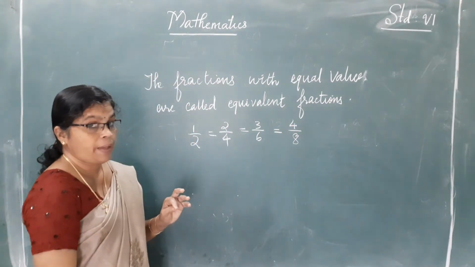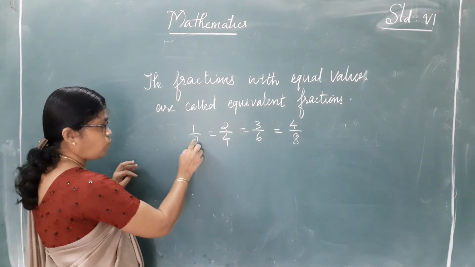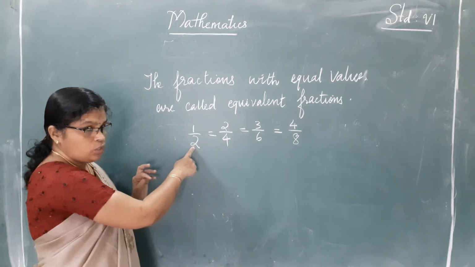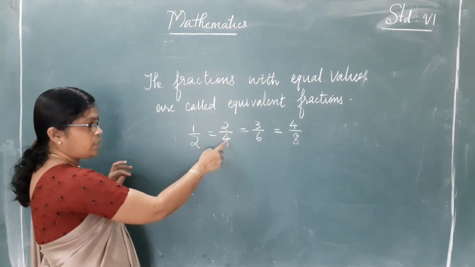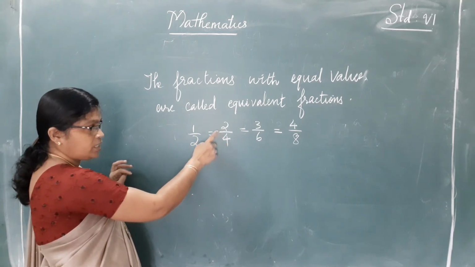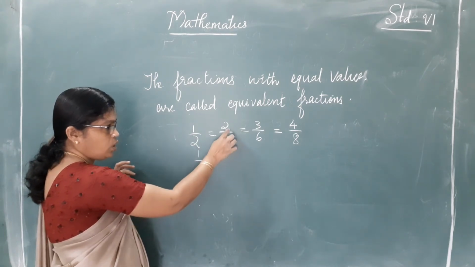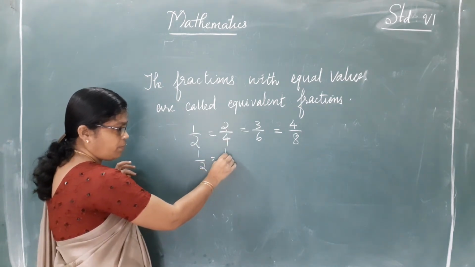Now, how it happens? See, this is 1 by 2. The numerator is 1 and the denominator is 2. Here the numerator is 2 and the denominator is 4. How do you get this? How will you get 2 by 4 from 1 by 2?